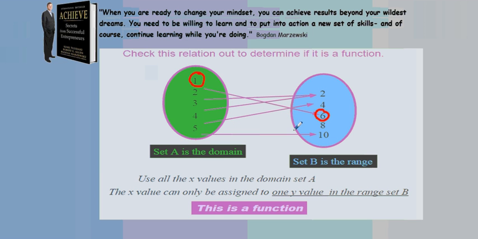So in this diagram, you can see that every element of the domain, 1, 2, 3, 4, 5, has only one representation in the range set. If this is fulfilled, then yes, this type of relation is a function. So not every relation is a function.